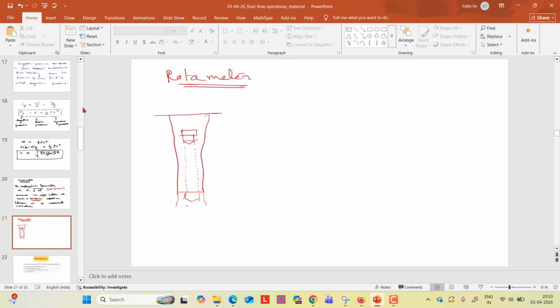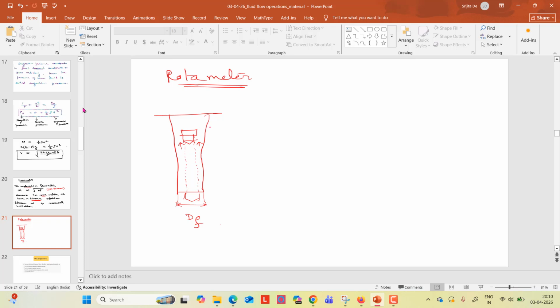So the diameter of the float is df. Okay, and flow is happening from the bottom, and this is a little bit at an angle.